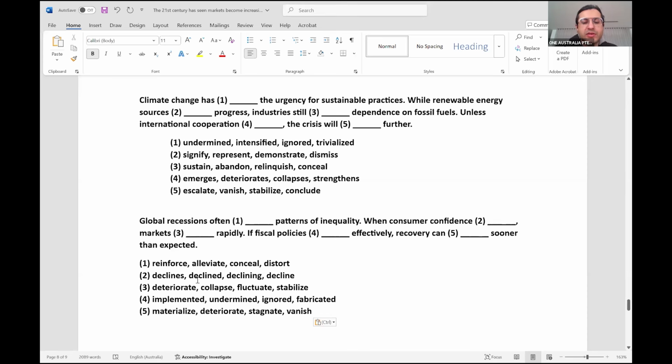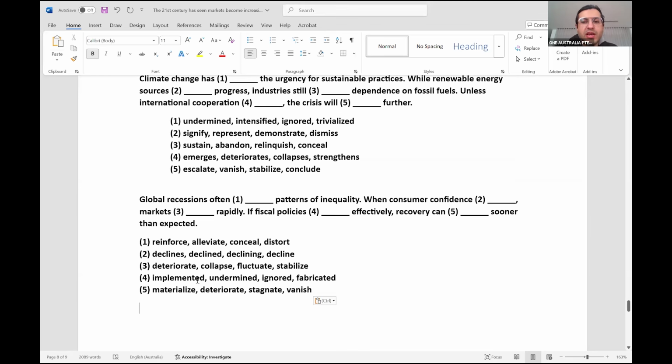Okay, this is the next question. Please solve it. I'll give you all 1 minute. Global ratio of a dash patterns of inequality.